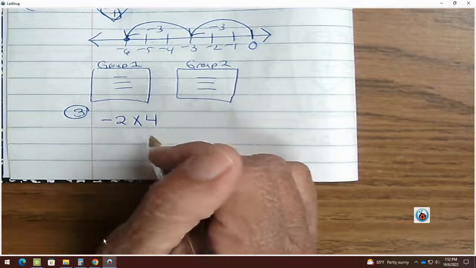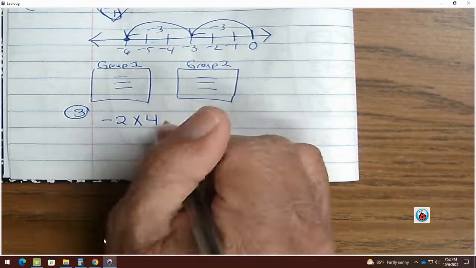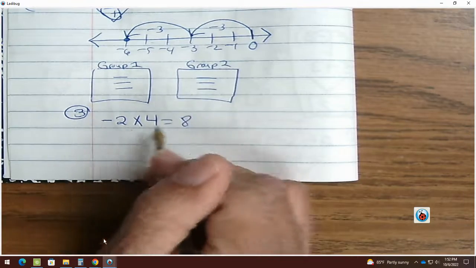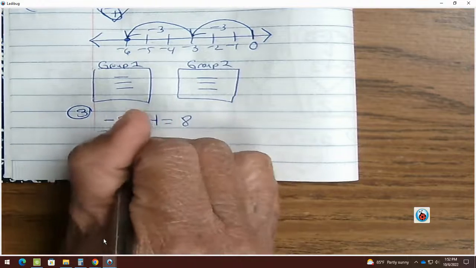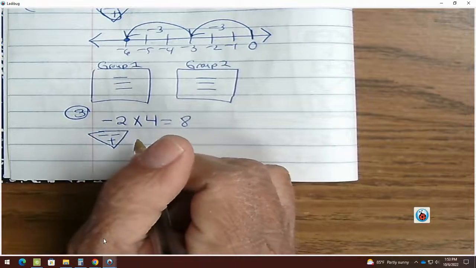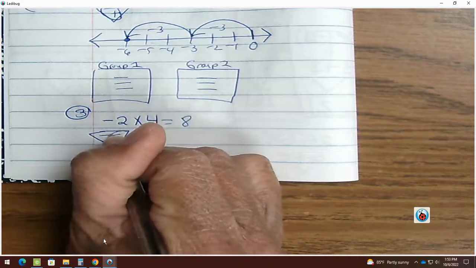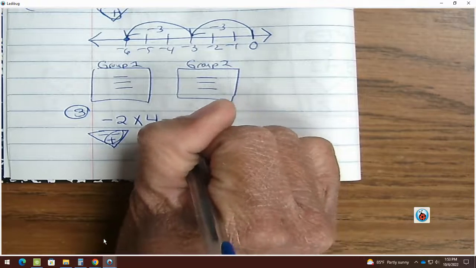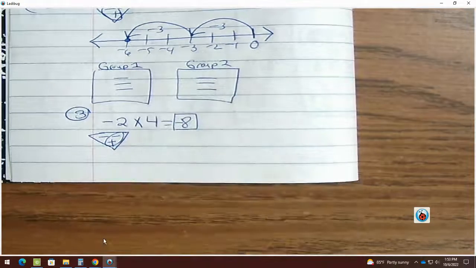Okay. Listen. What's 2 times 4? 8. Now, do we have negatives? Yes. So I'm going to draw the Dorito guy. Who do I circle? Negative and positive. Who's not circled? So the answer is negative 8. I am done with that.